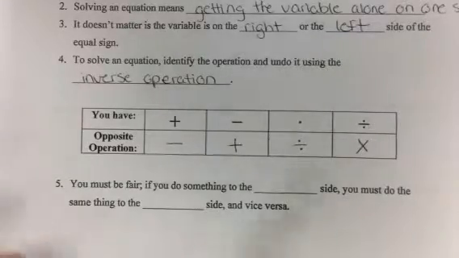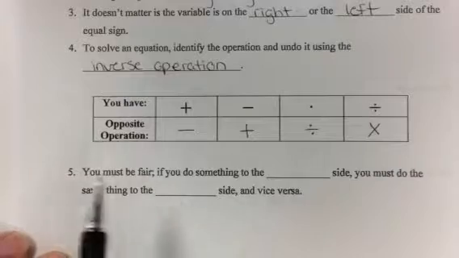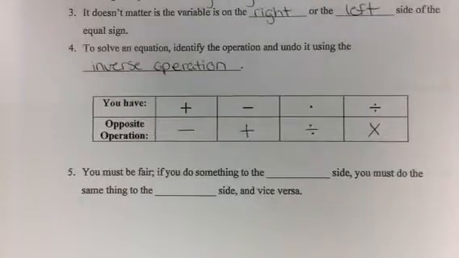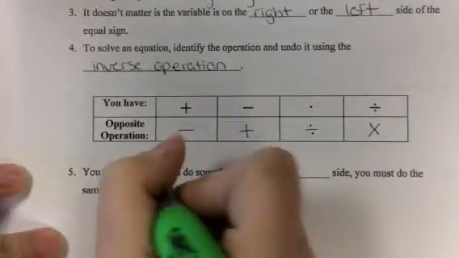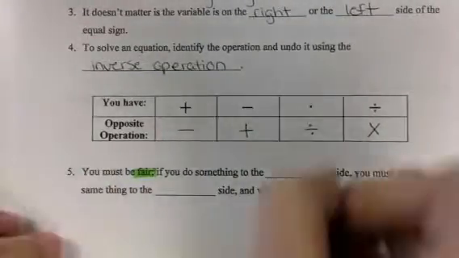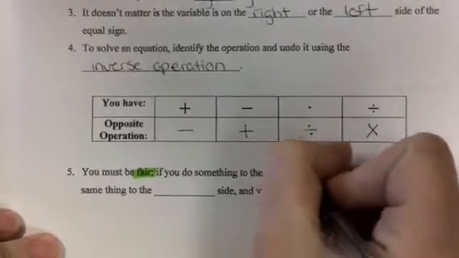One thing before we can get started, my last little bullet point is that you must be fair. What I mean by fair is if you do something to the left side or the right side, it really doesn't matter.